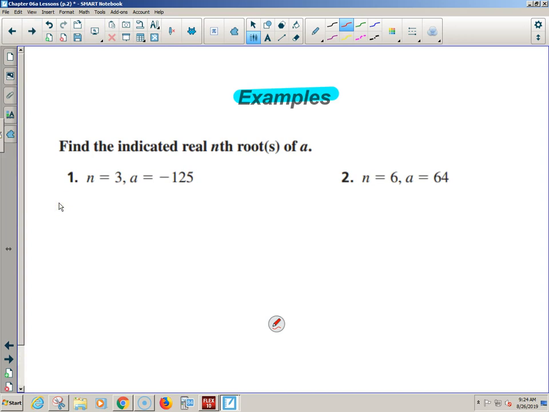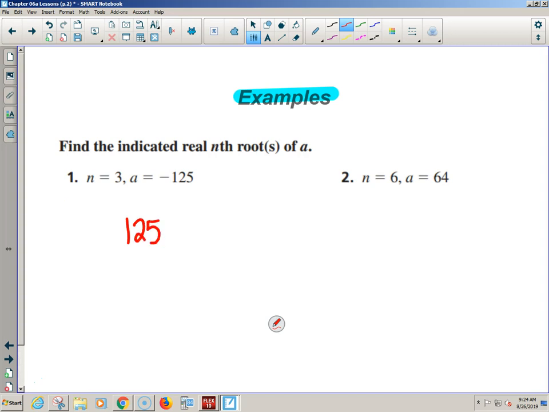So let's try a couple more, kind of like what you guys just saw in your homework. So how would you rewrite this problem, guys, if it says n equals 3 and a is negative 125? Put the 125 inside. Inside what?